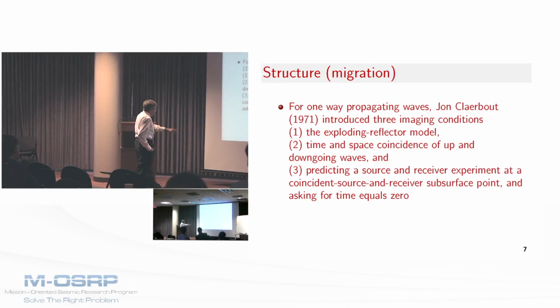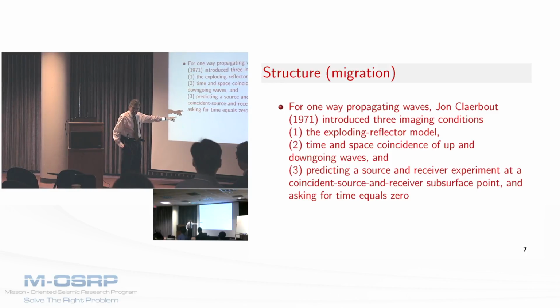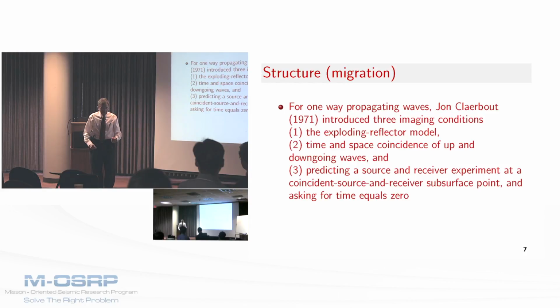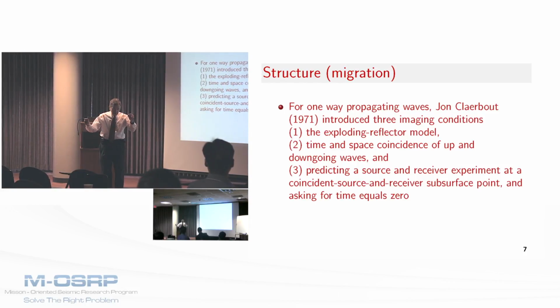This principle 3 is not a high frequency approximation. It turns out that the imaging principle 2 is a high frequency approximation. What do you mean? You give me a source and receiver, one source and one receiver, and do RTM with that, and you'll get a travel time curve.